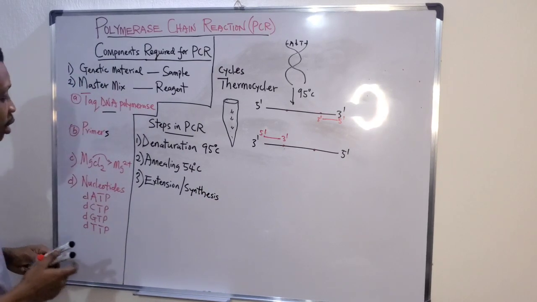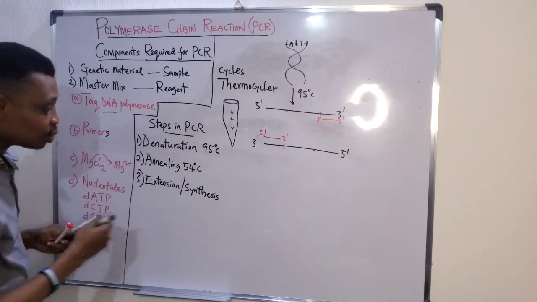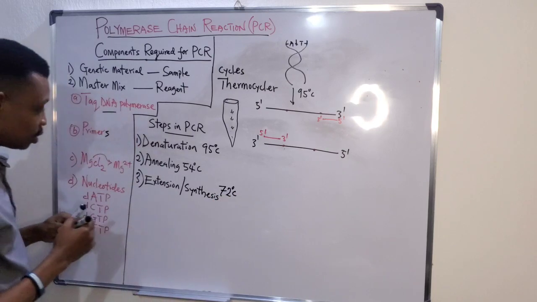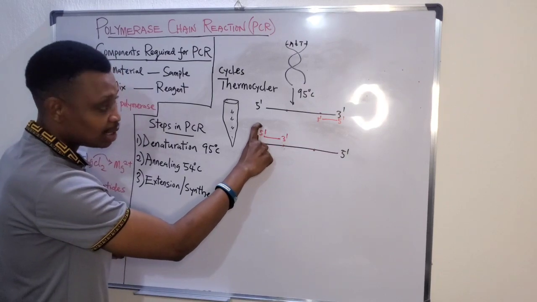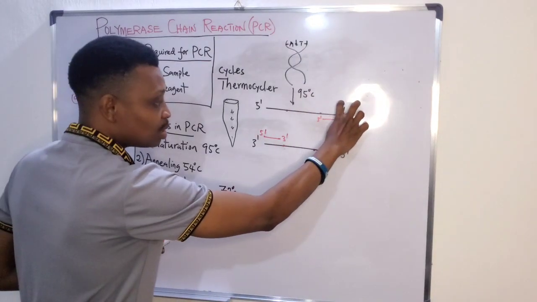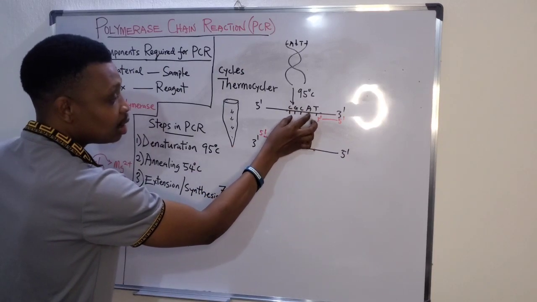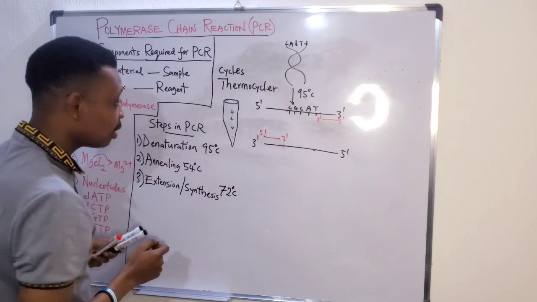Now, once the thermocycler raises the temperature again to 72 degrees Celsius, the Taq DNA polymerase binds to this end, and also binds to this end. So let's assume this is the specific nucleotide sequence of interest. Okay?